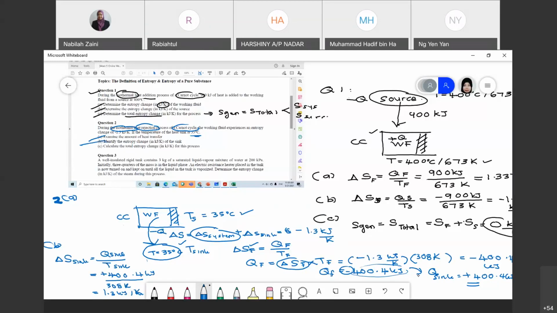Then for C, calculate the entropy change in kilojoule per Kelvin for this process. The total, S generated, is equal to S sink plus S system fluid. Sink is 1.3, fluid is negative 1.3.